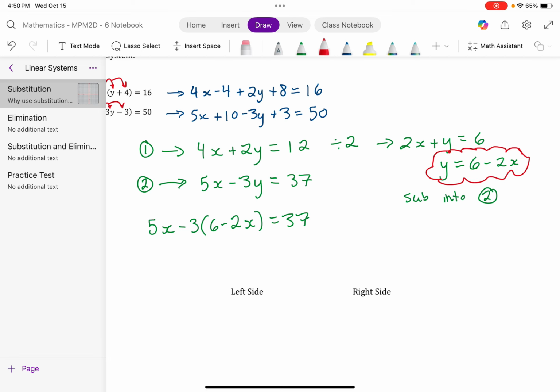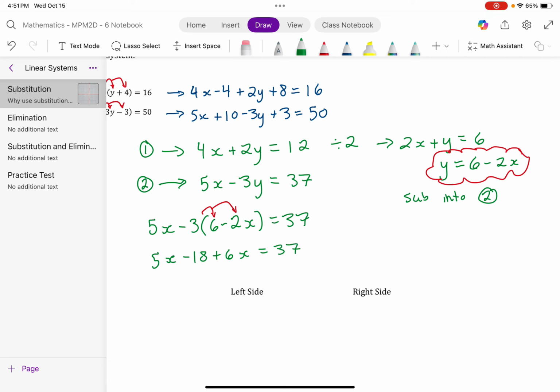Now go ahead and simplify and solve for x. We're going to have 5x minus 3 times 6, which is negative 18. Negative 3 times negative 2x is plus 6x, is equal to 37.